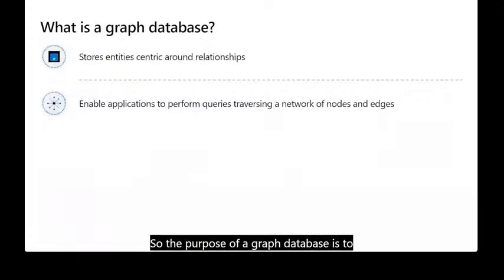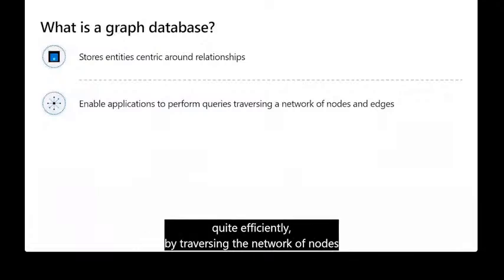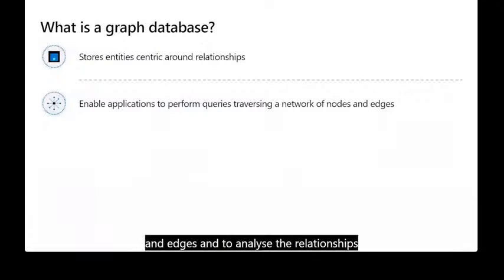The purpose of a graph database is to enable an application to perform queries quite efficiently by traversing the network of nodes and edges to analyze the relationships between the nodes or between the entities.